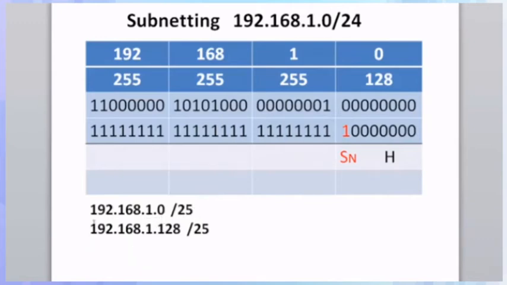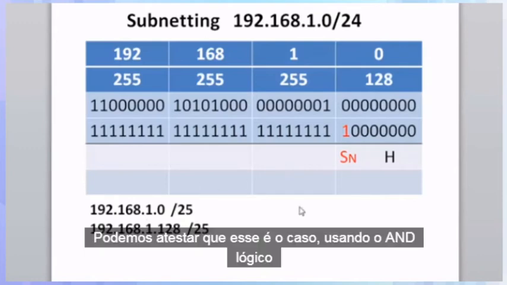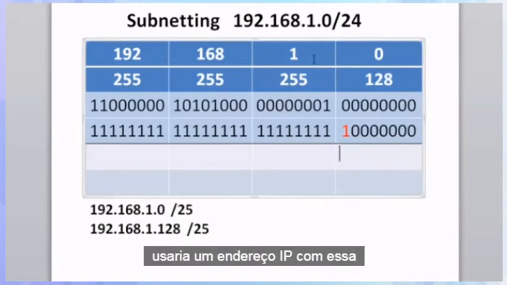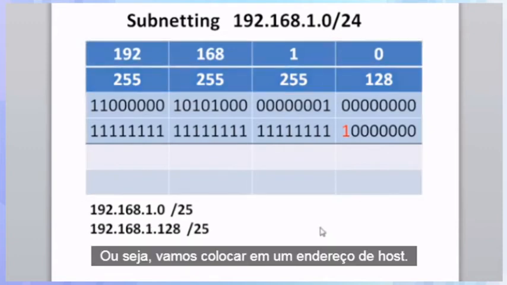The subnetworks are the 192.168.1.0/25 subnetwork and the 192.168.1.128/25 subnetwork. We can prove that this is the case using logical ANDing to show how the router or a computer would take an IP address with this particular /25 subnet mask and derive the resulting network address. Let's put in a host address.